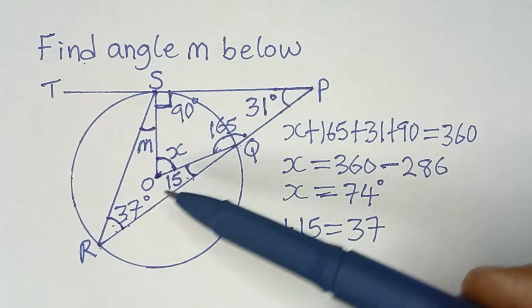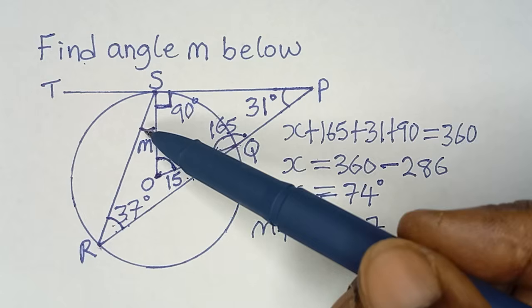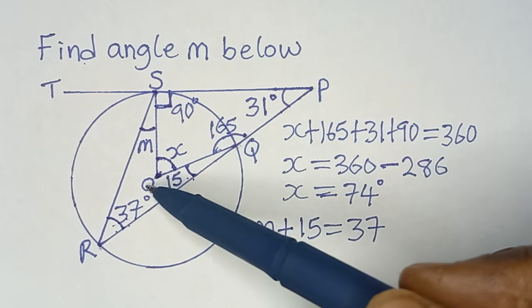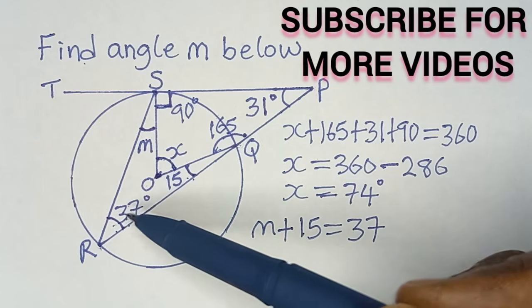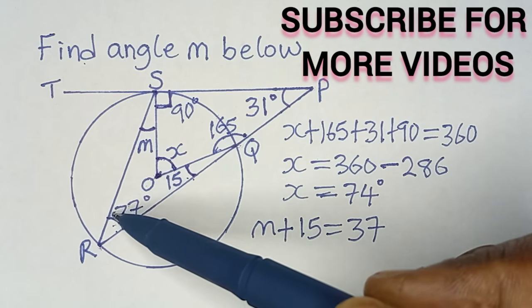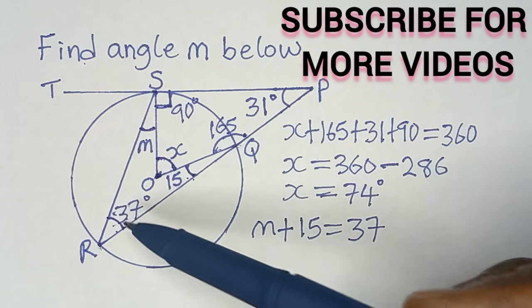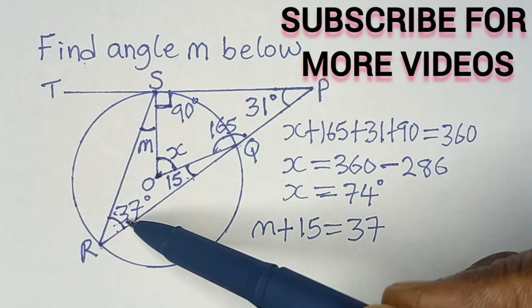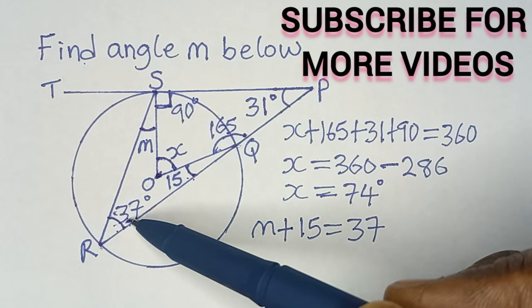Why? Because this 15 and M here, when you trace a straight line to this point, the two of them will become the adjacent angles here. So here will be M as an isosceles triangle, and here will also be 15 as an isosceles triangle. Base angles of an isosceles triangle are equal.